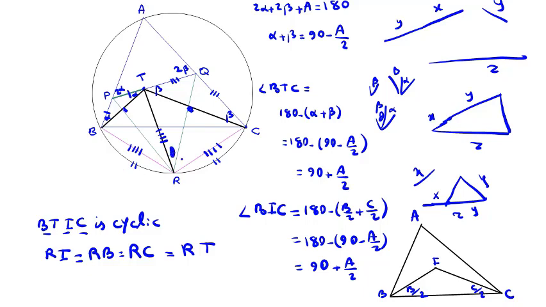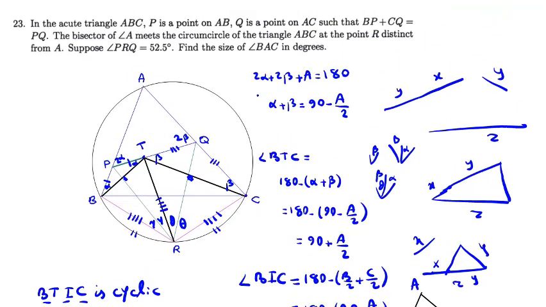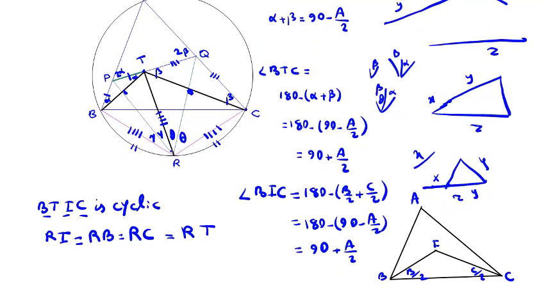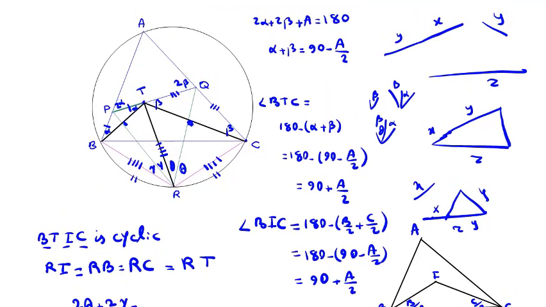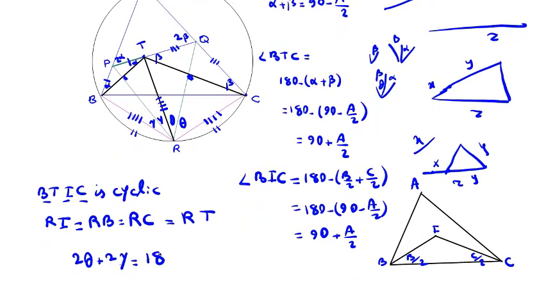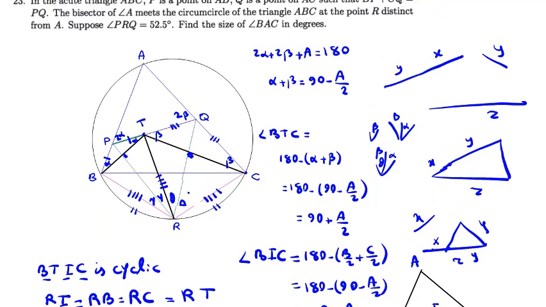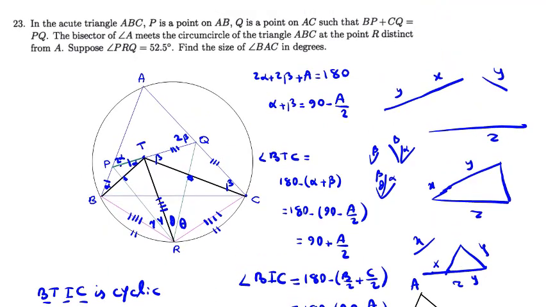So we can say it is theta because of the isosceles triangle. Altitude, this is gamma. So now the problem wants what? The problem wants BAC. So if you pay attention, 2 theta plus 2 gamma equals, because ABC is cyclic, 180 minus A. Also, the problem says PRQ.